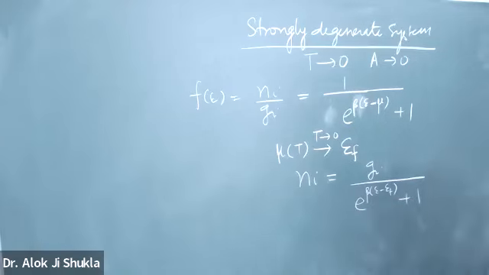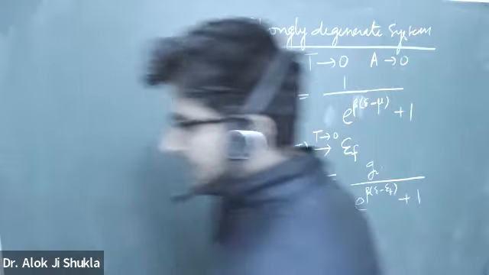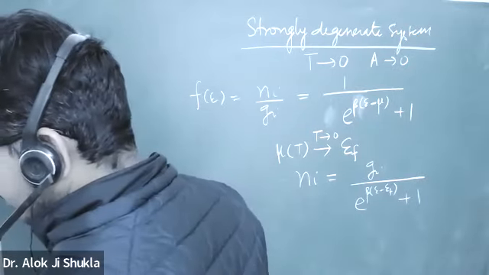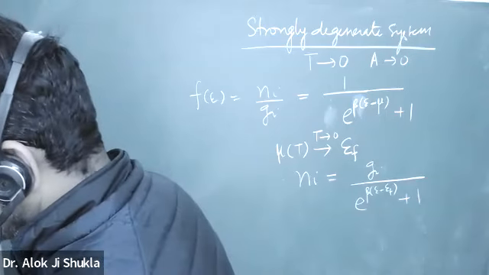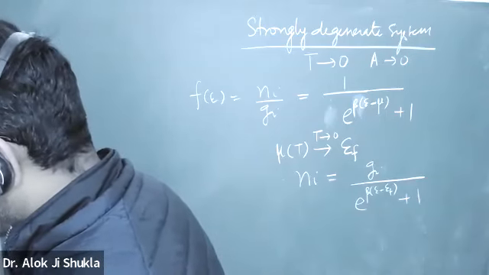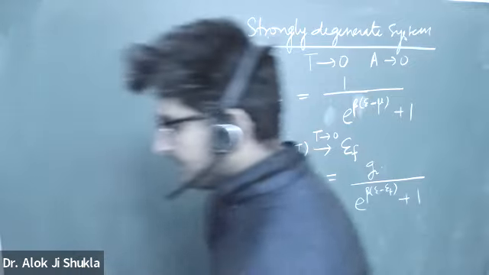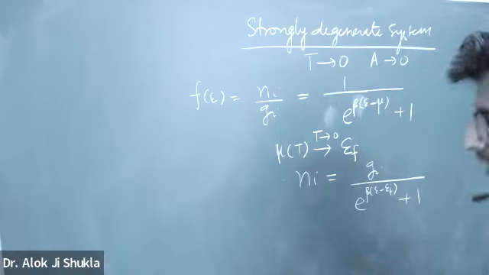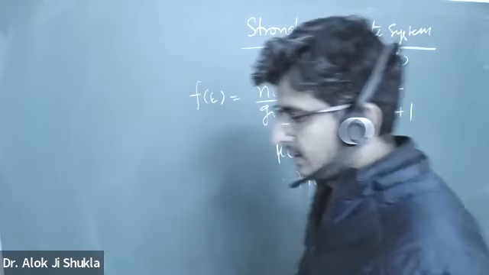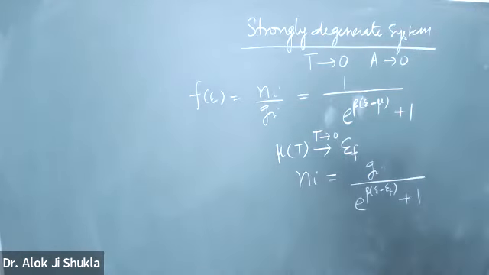Okay. So when will we be writing this? When your system is cool, temperature is very, very small, and we are taking Ni by Gi, which is Fe. Okay.